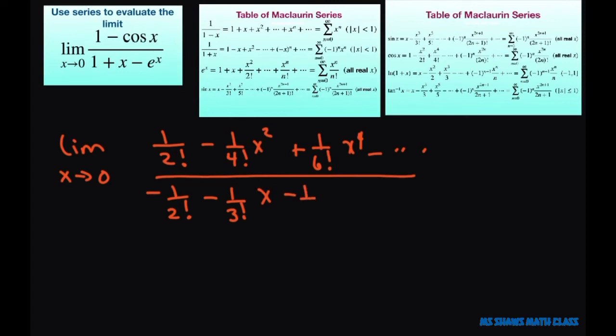It's just been reduced. We just divided everything by x squared, so this will be x cubed and x to the 4th.